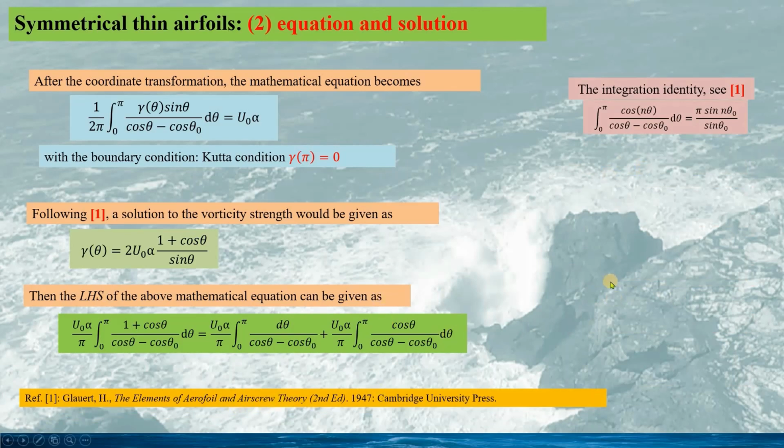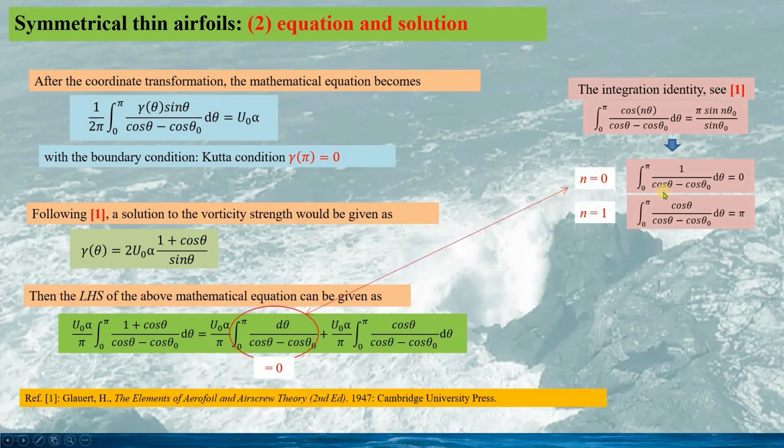If you would like to see, you can find the derivation for this integration identity in the reference here. If we take n equaling 0, we have this integration, and n equals 1, we have this. Obviously, the first integration is the same as this, so it would be 0. And the second integration would be the same as this, so it equals pi.